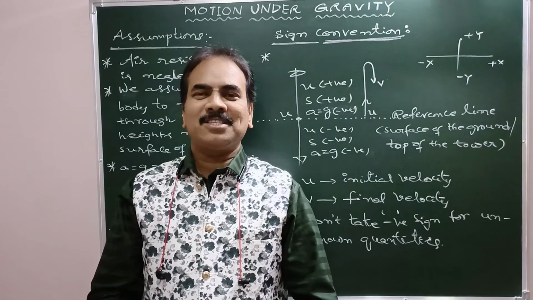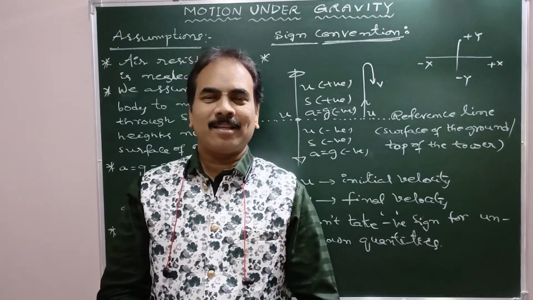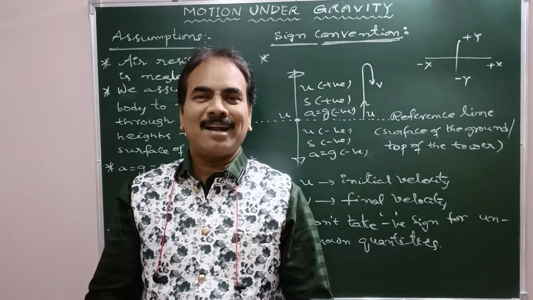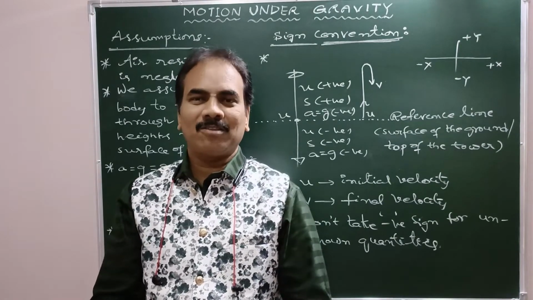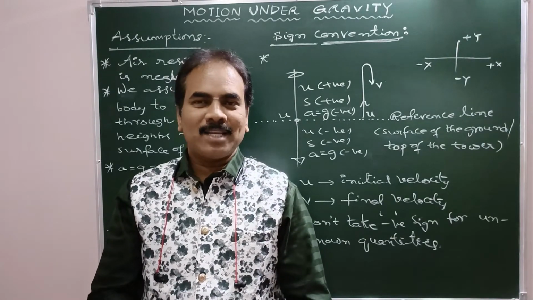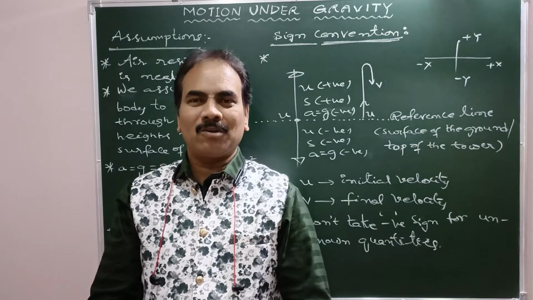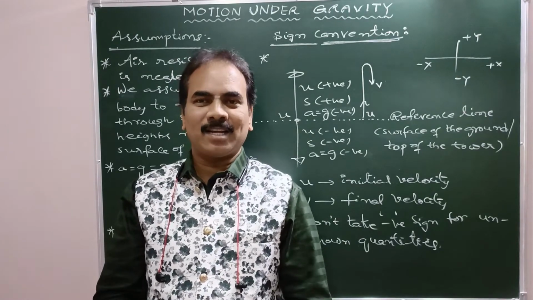Okay, today's topic is motion under gravity. By the name itself, it is the motion of a body under the influence of the gravitational force caused by the earth. Every object is being pulled by earth towards its center, causing some acceleration to every object while moving.